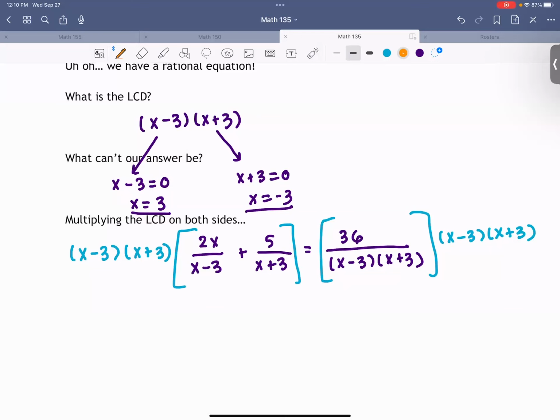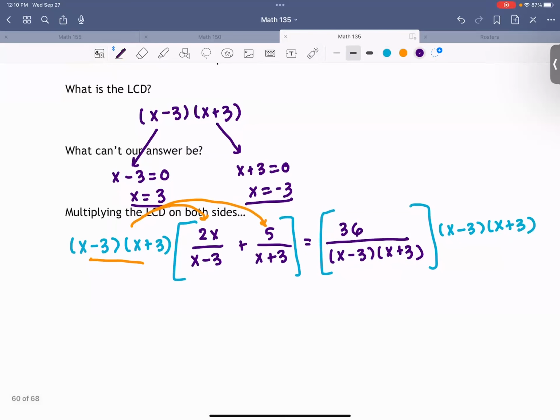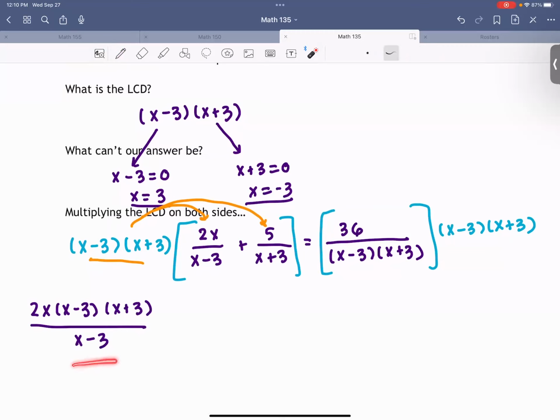Yep, distribute, just like we did on the test, right? It's literally the same steps. We didn't do anything different so far. I'm going to take that LCD and distribute it to the top of the first two terms in there. So this becomes 2x, x minus 3, x plus 3, all over x minus 3. I got that by just multiplying my whole LCD by the first term.